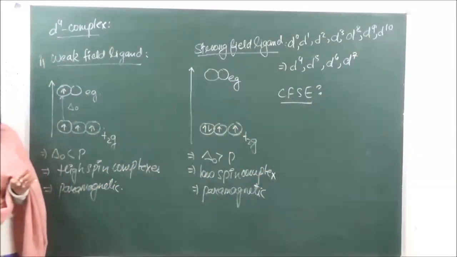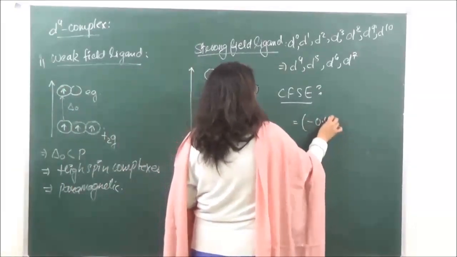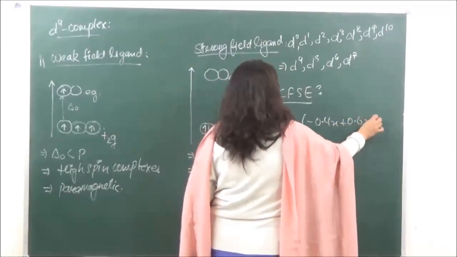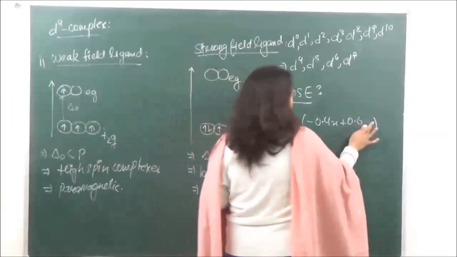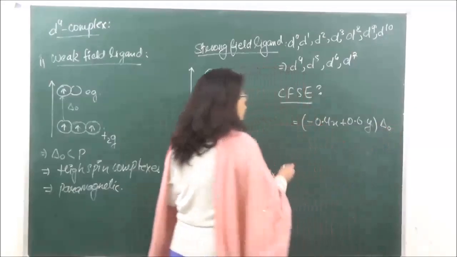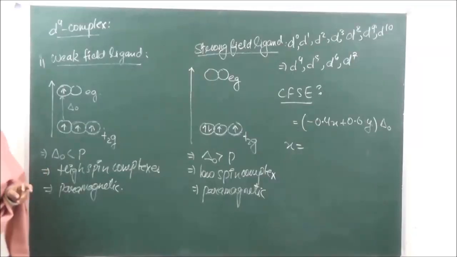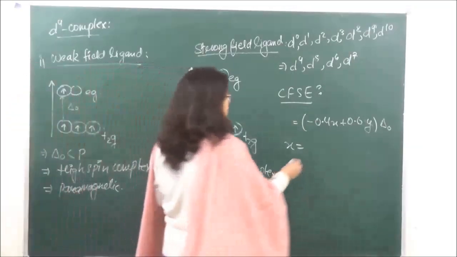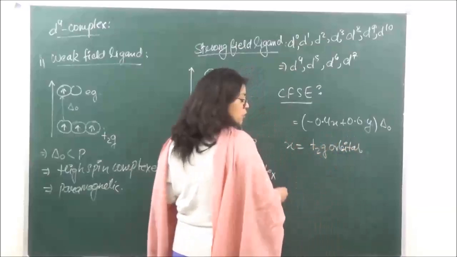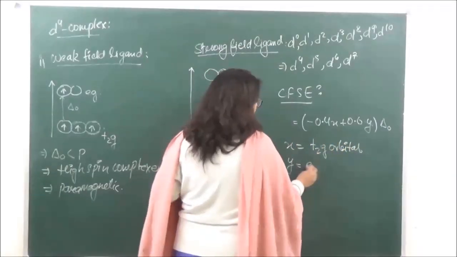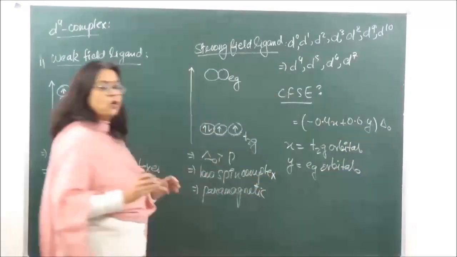That can be calculated with a formula of minus 0.4x plus 0.6y delta naught, where x is equal to the number of electrons occupying t2g orbitals, and y is the number of electrons occupying eg orbitals.